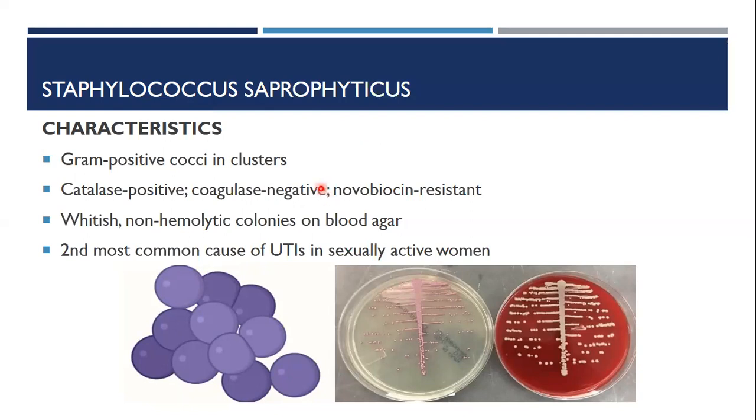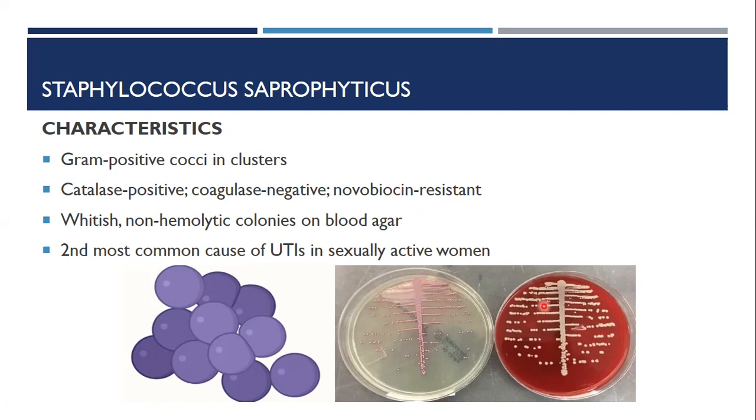It's negative for the coagulase enzyme, and to differentiate it from Staphylococcus epidermidis, we perform the novobiocin sensitivity testing, such that it is resistant, meaning the growth is not inhibited by the antibiotic novobiocin.